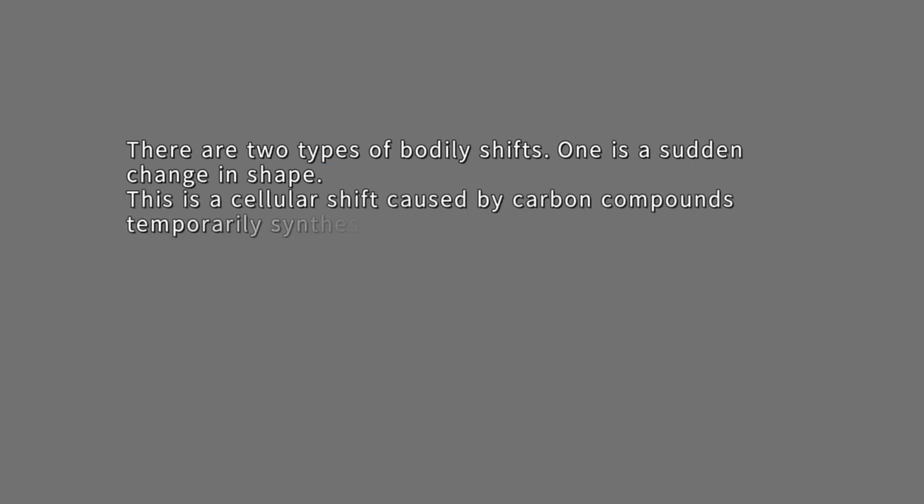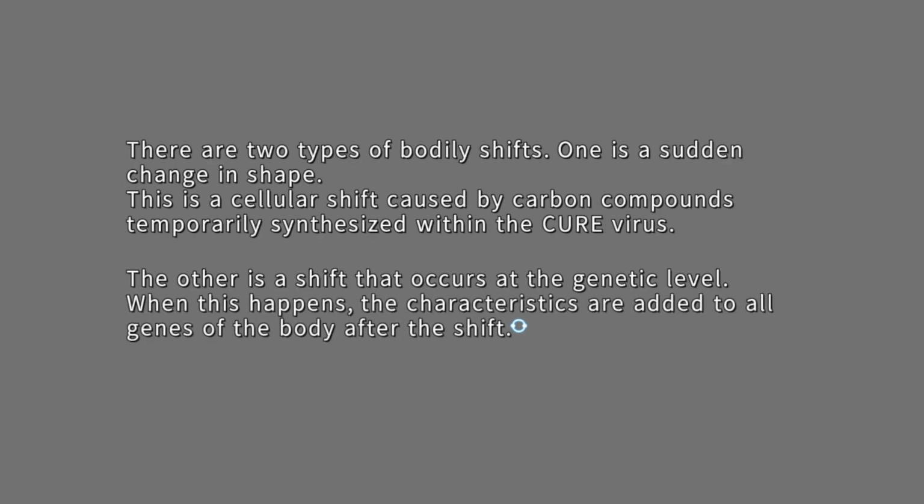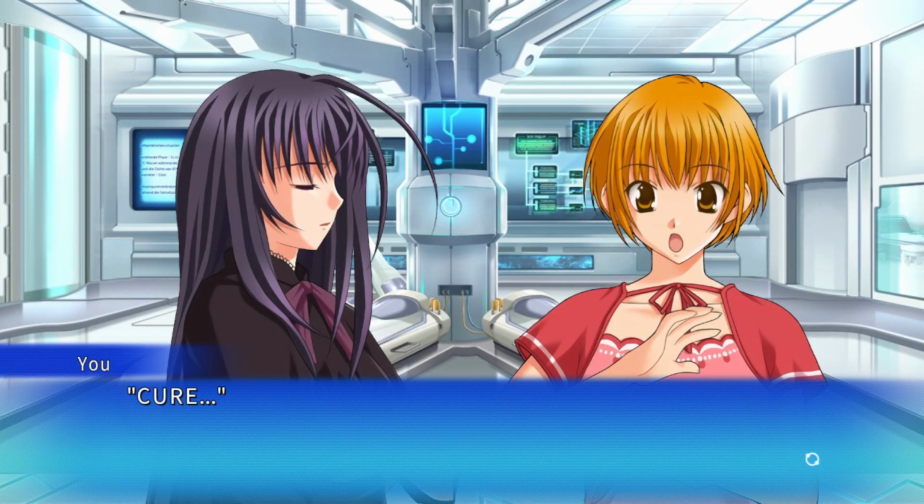There are two types of bodily shifts. One is a sudden change in shape. This is a cellular shift caused by carbon compounds temporarily synthesized within the Curie virus. Then there's a shift that occurs at the genetic level. When this happens, the characteristics are added to all genes of the body after the shift. Okay, got through that.